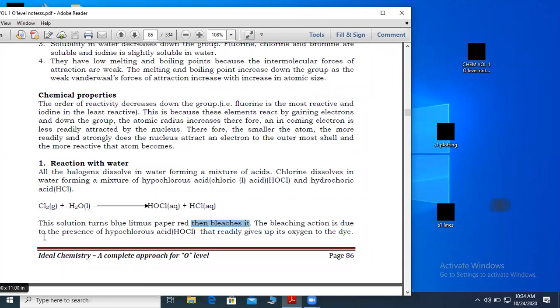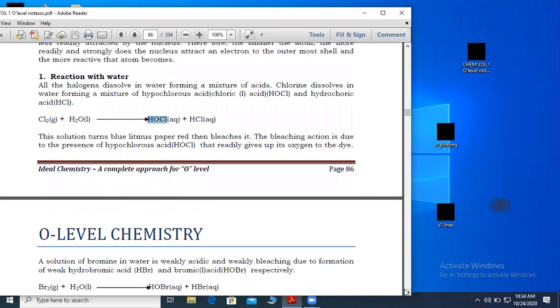The bleaching action is due to the presence of hypochlorous acid. So the hydrochloric acid turns the blue litmus paper red, and the hypochlorous acid bleaches it, or makes it lose its color. We shall look at the details when we start chlorine and its compounds, and that will be in senior 3.